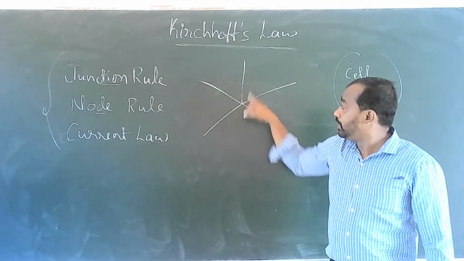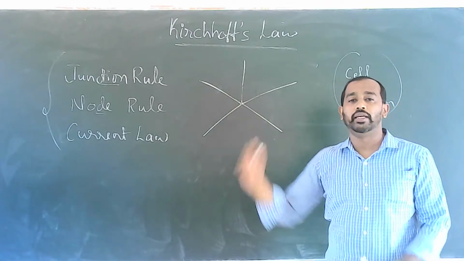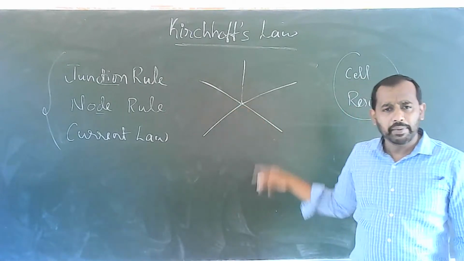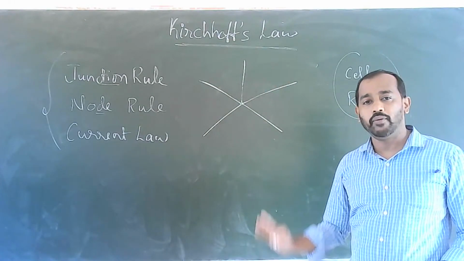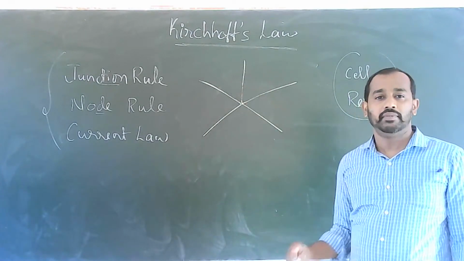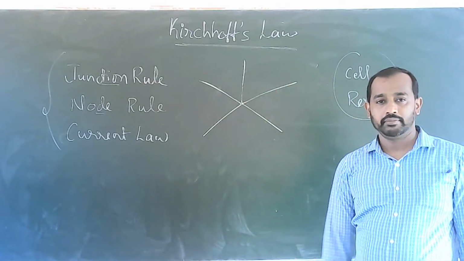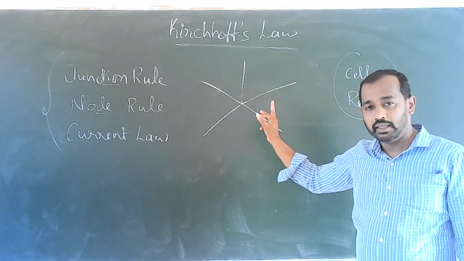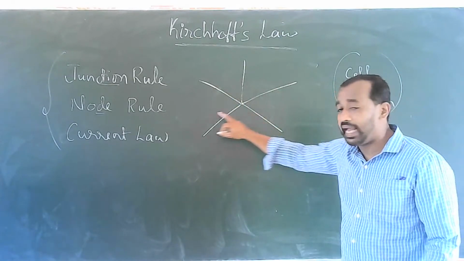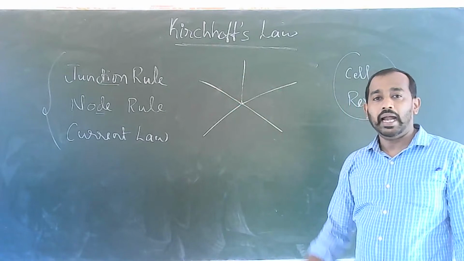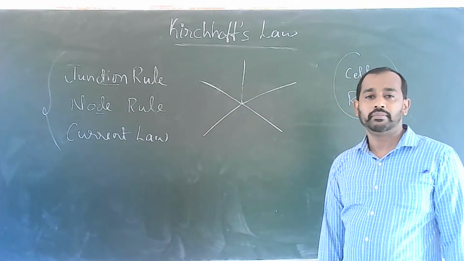Because of these different paths, the current will be flowing. It may be a part of a large network. So we are going to consider a single point where three or more components are interconnected. That point is known as a junction. These are different branches, and in each branch, a different current will be flowing.